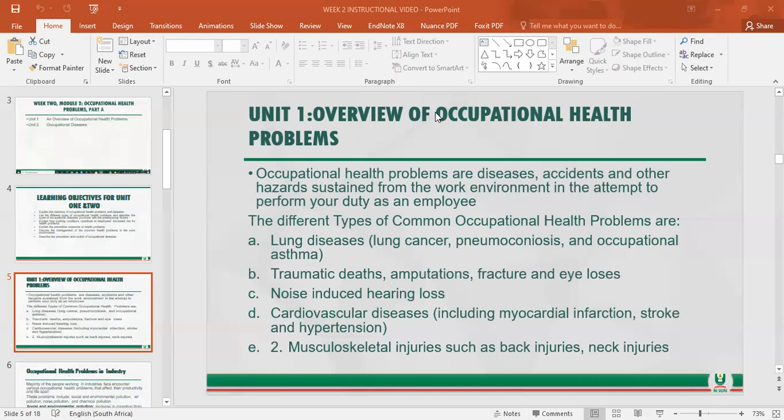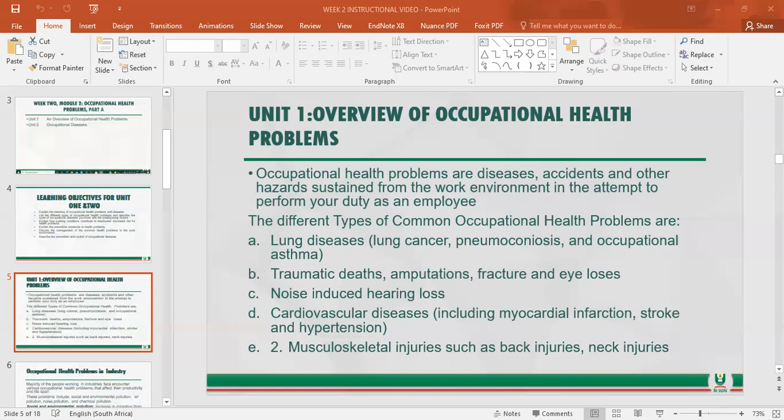We also have traumatic death that occurs as a result of work. What about amputation? Amputation is another form of occupational health problems.